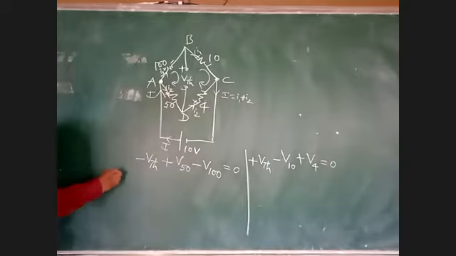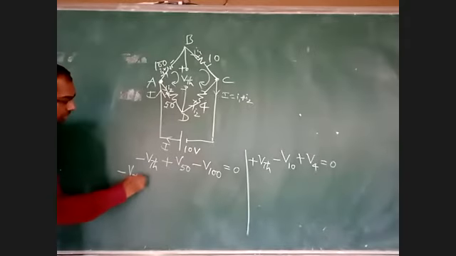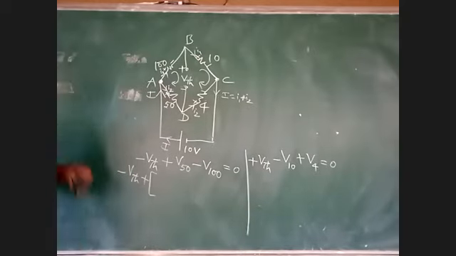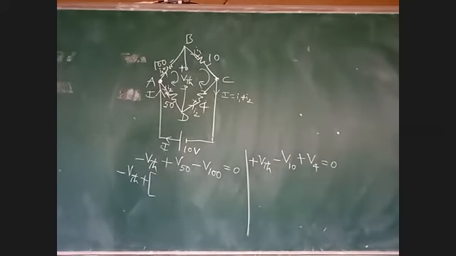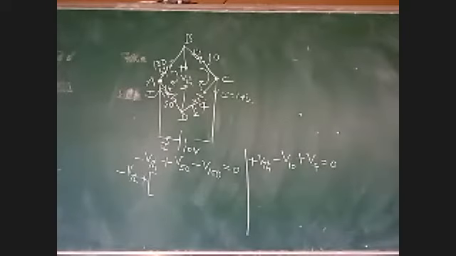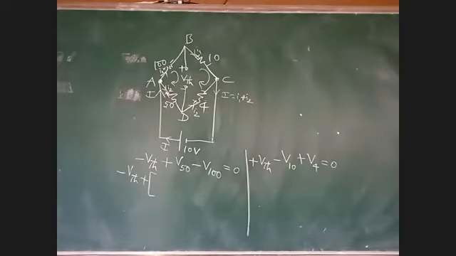Now I have to determine this VTH. I will apply voltage divider. Where will we apply voltage divider? Anyone? Series connection or parallel connection? Voltage divider is for series connection. In parallel, we apply current divider; in series, we apply voltage divider.